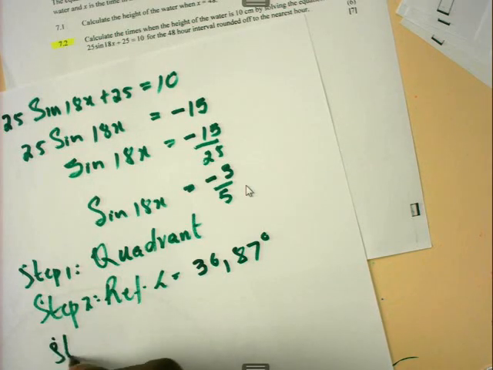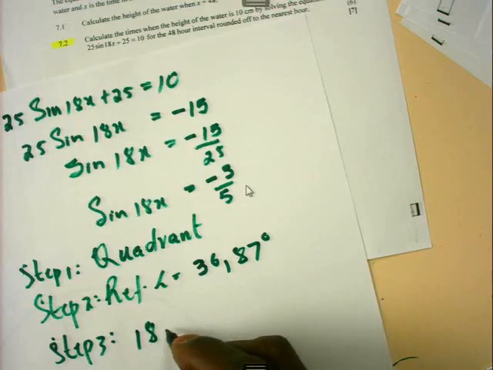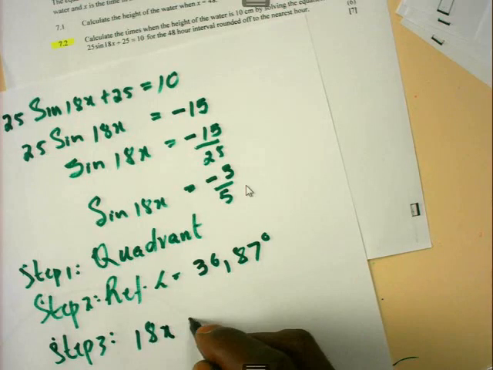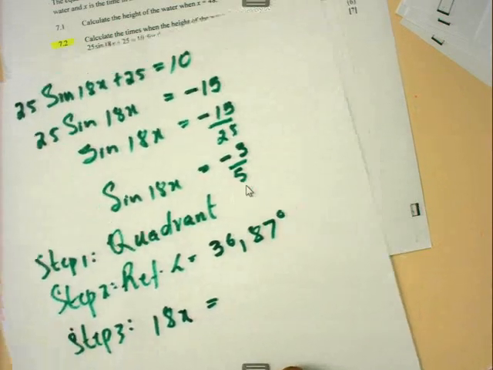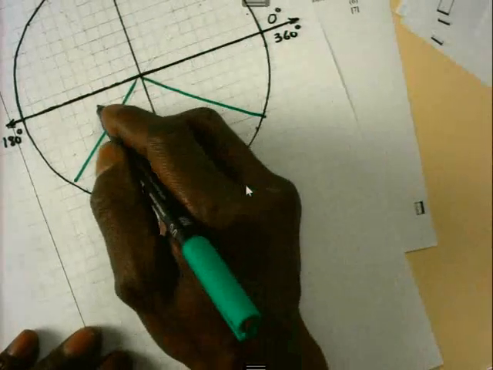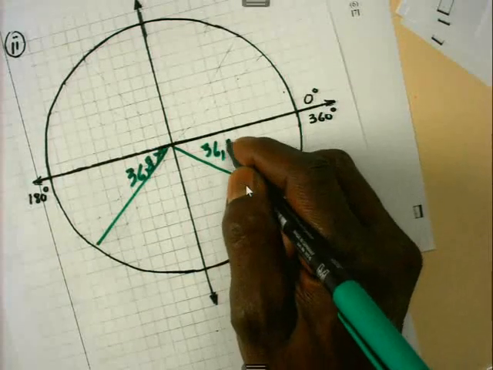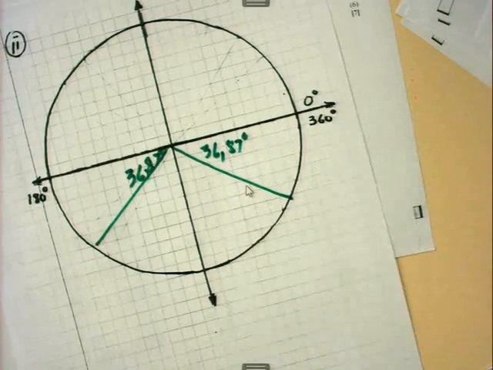Now step 3, we must now find the solution for x. Then we'll have 18x equals to, we go back, the reference angle here is 36.87 degrees there.